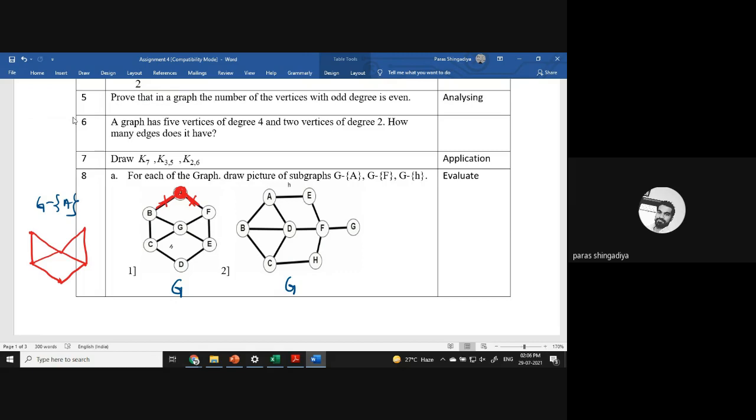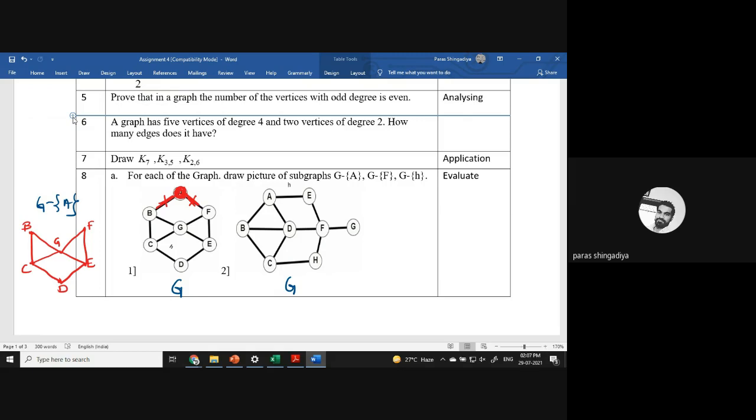That is D here, F, G, C, E, and D. That is the remaining set. Is the G minus A concept clear? G minus A means you delete the vertex A.